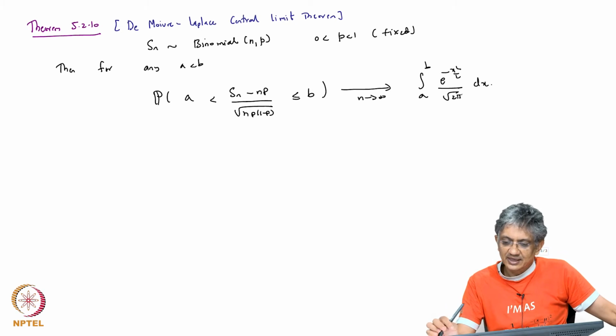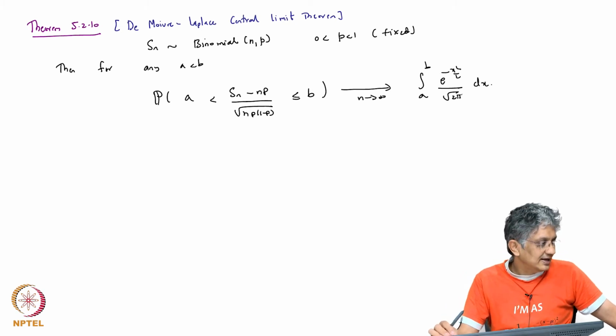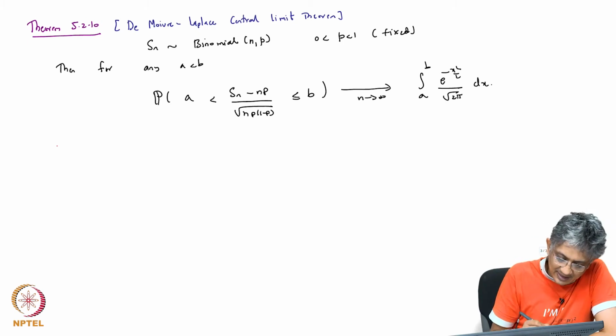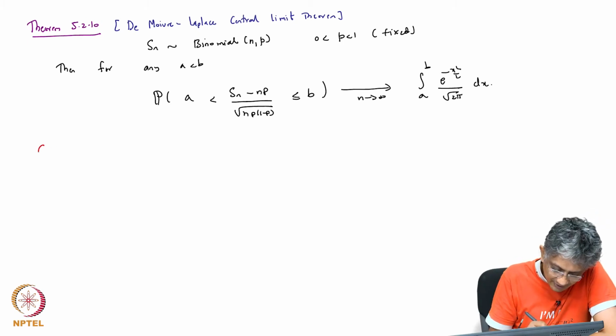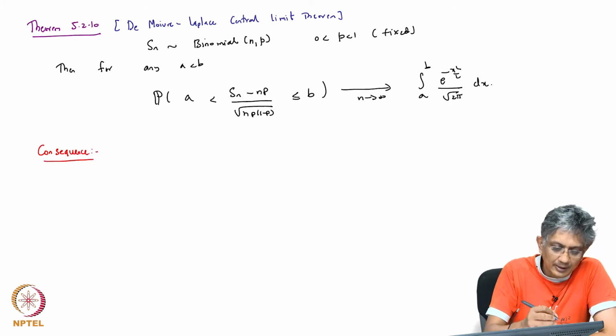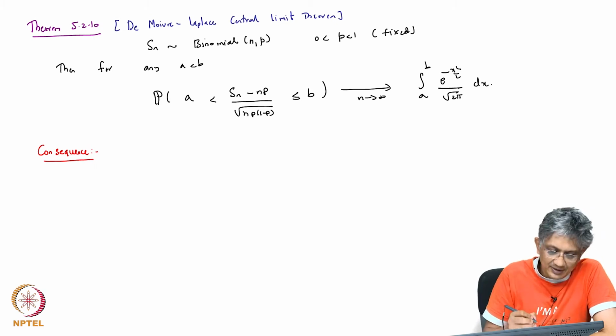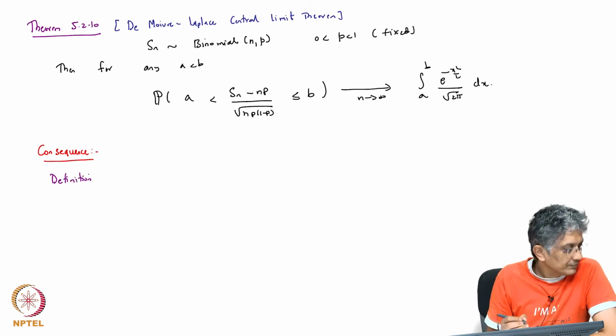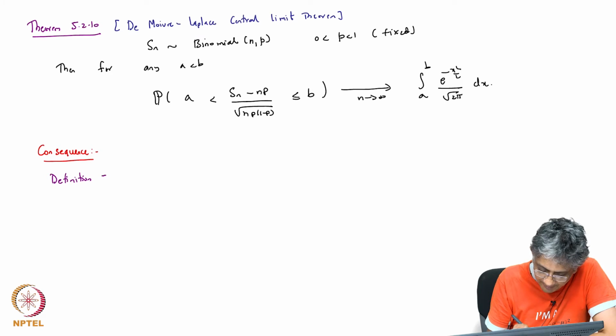The consequence is that this in fact is a density, which is what I'll write down. We'll show the theorem in a second, or give a sketch of the proof. So this is like a definition, in the book it's 5.2.9.